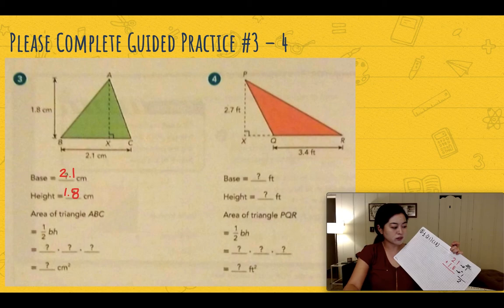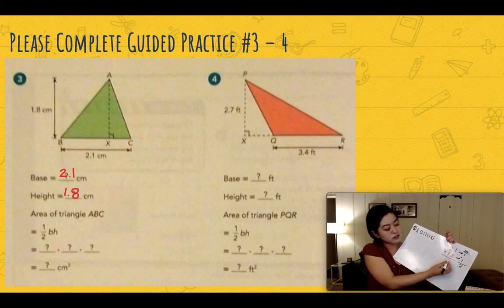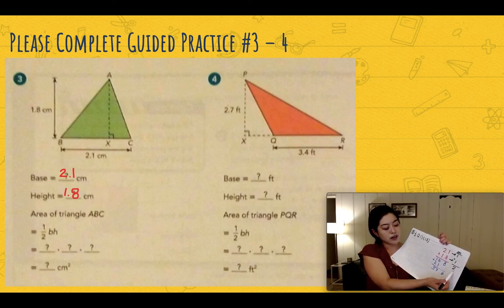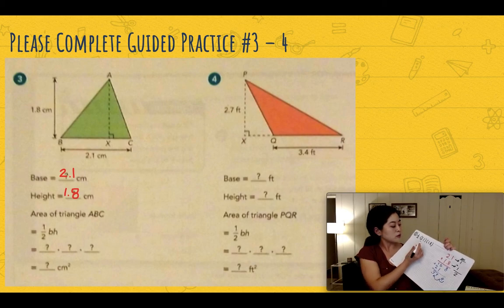Let's see what we got to do. So 1 times 8 is 8. 2 times 8 is 16. 1 times 1 is 1. 1 times 2 is 2. Then we add it. So that's 378. But then I remember from here, I have to go back 2 decimal places, so it's 3.78.